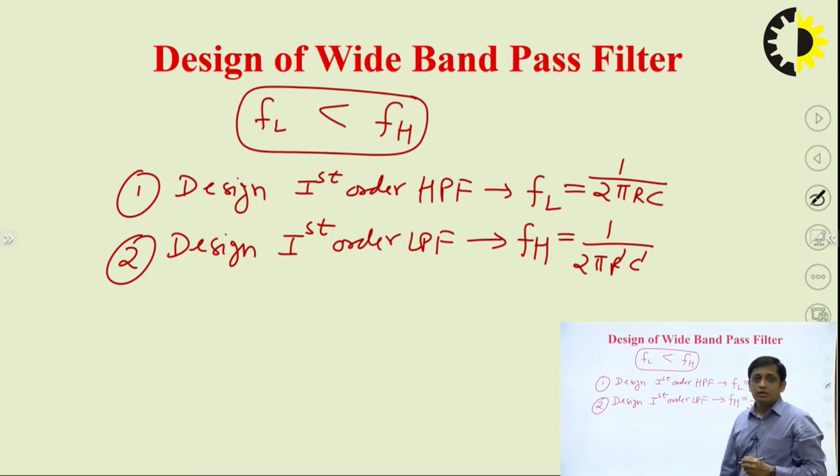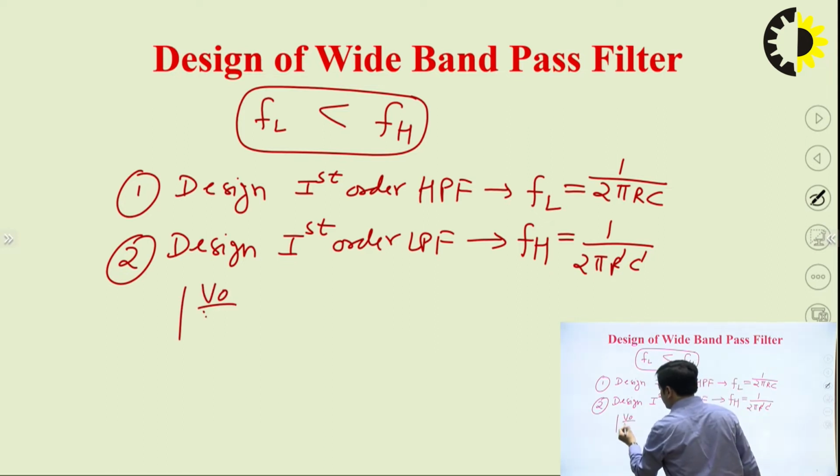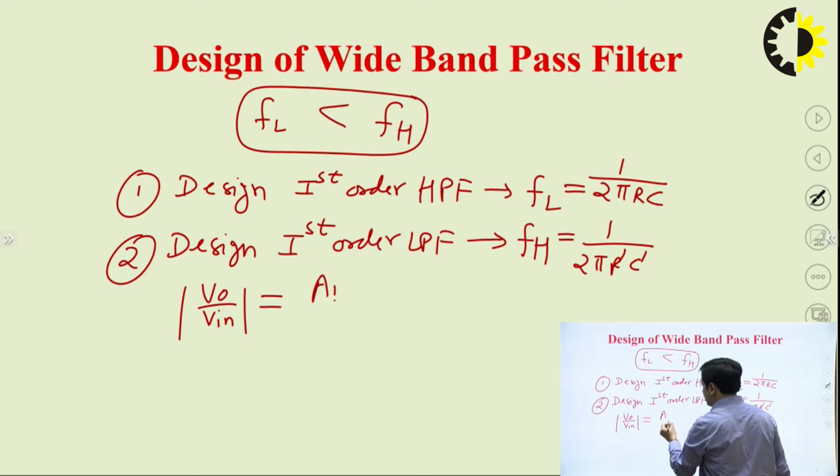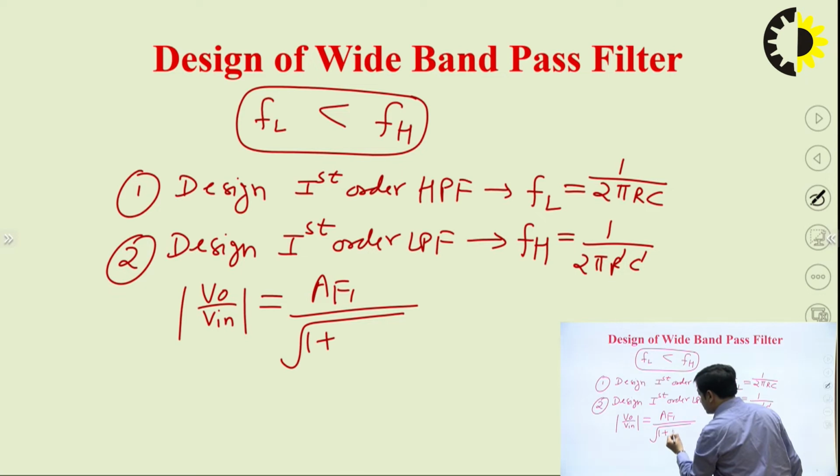Fine. And as far as first order high pass filter is concerned, the transfer function is AF1 upon under root 1 plus (FL upon F) square.